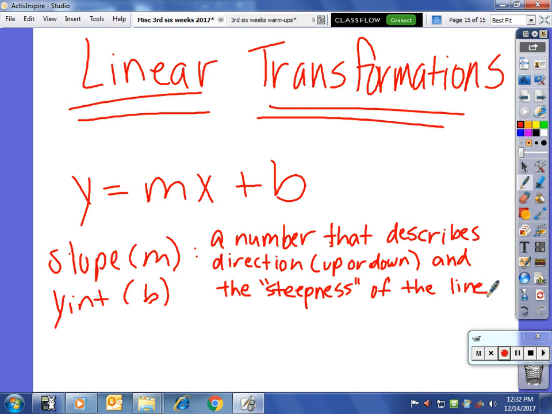Okay, it can be steep going up or steep going down. That means when it rises or falls very quickly, like a steep mountain. It's more on the flat side if it's not rising very quickly, like a gradual incline, like a hill. Okay, and if it's completely flat, then its slope is actually 0.